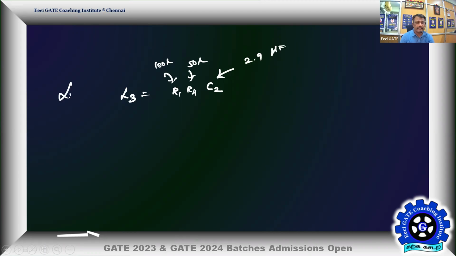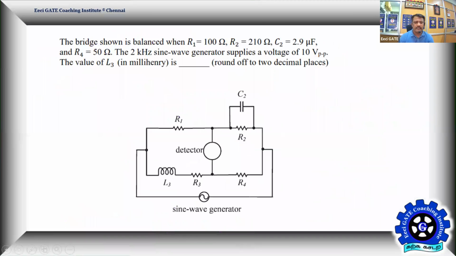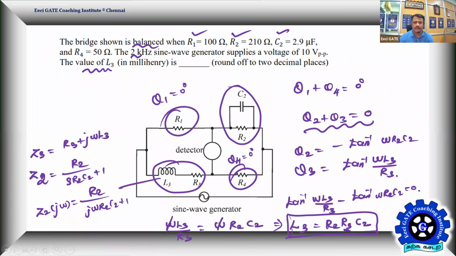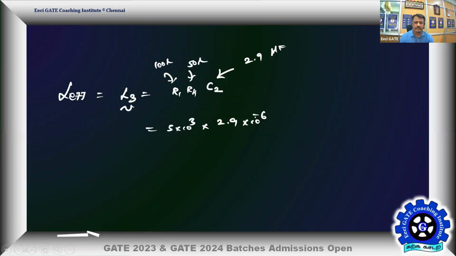So this is your L effective, R square into C. Okay, yes, that's the unknown inductor L3. So 100 into 50 is 5 into 10 power 3, then into 2.9 into 10 power minus 6, and the result must be in millihenry up to 2 decimal places. So it is going to be 5 into 2.9 into 10 power minus 3 Henry.